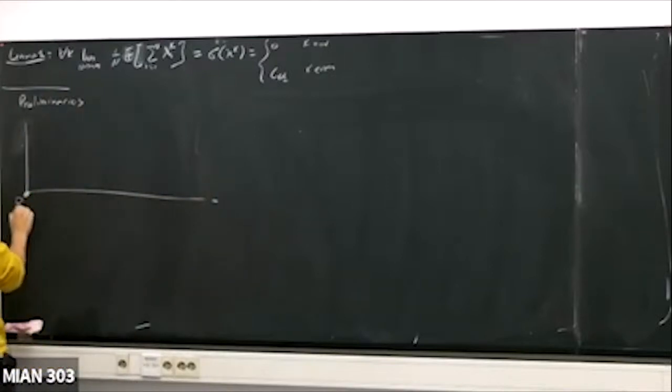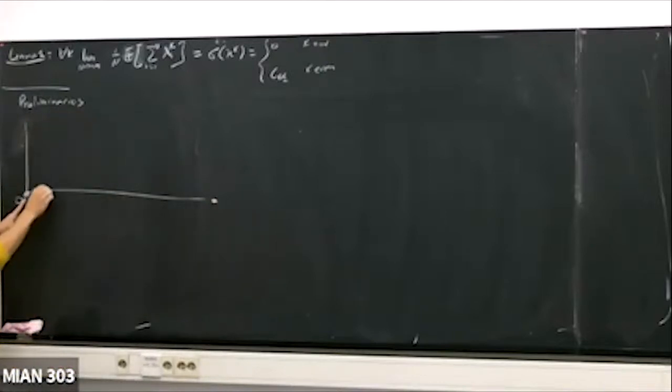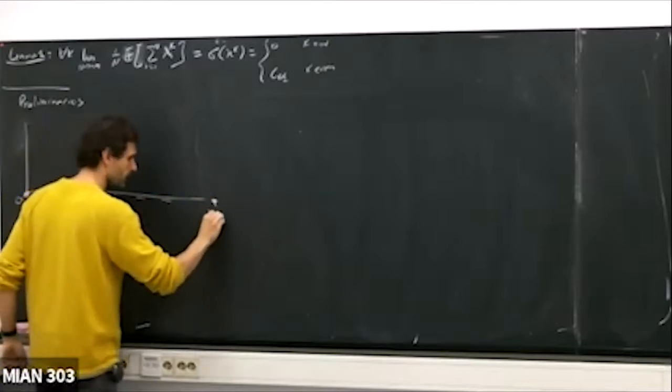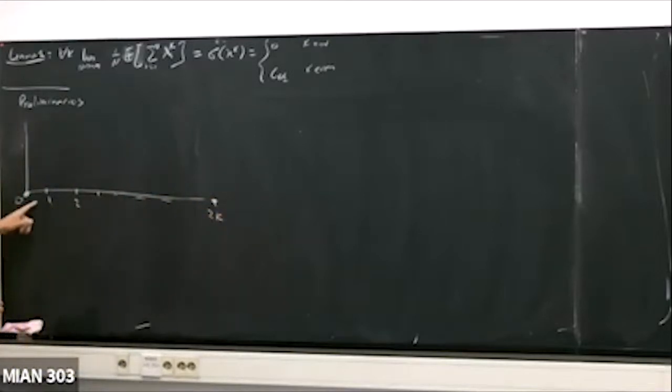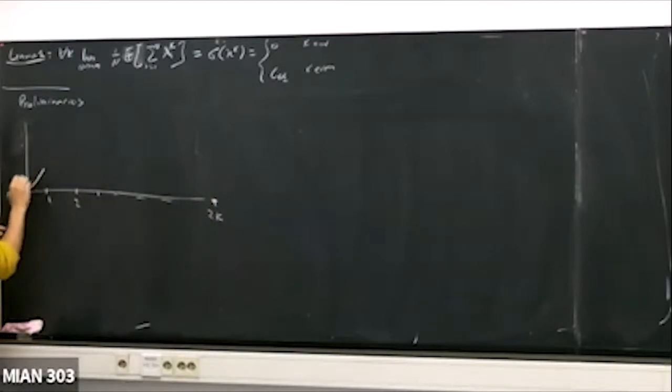How many paths are there from 1, 2, up to 2k, on the integers? At every step, I want to make a path from here to here, so that at every step it can go up by 1 or down by 1.